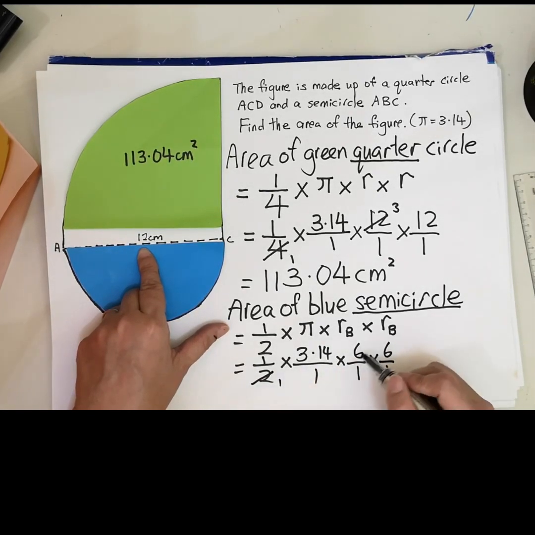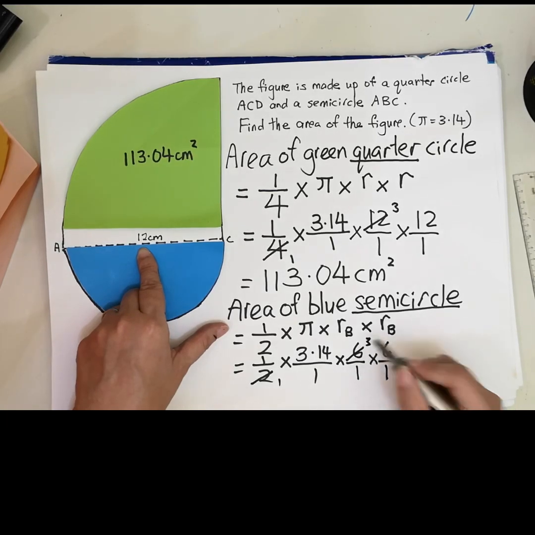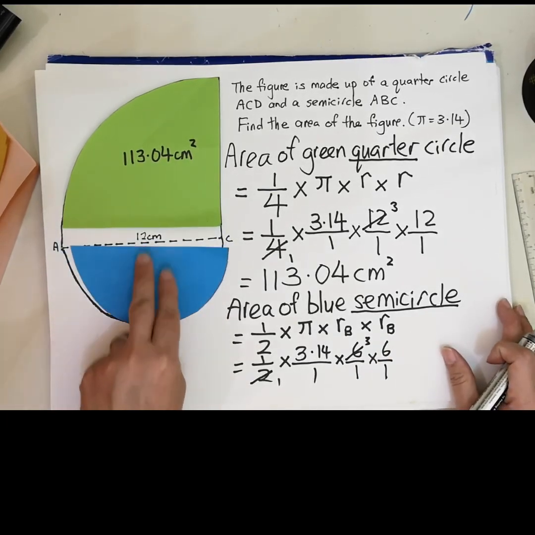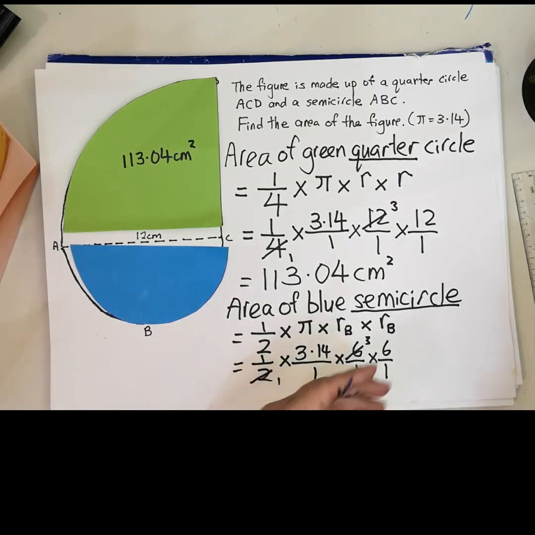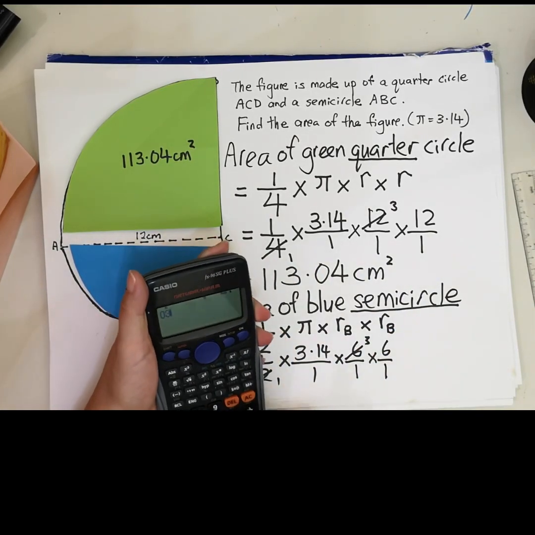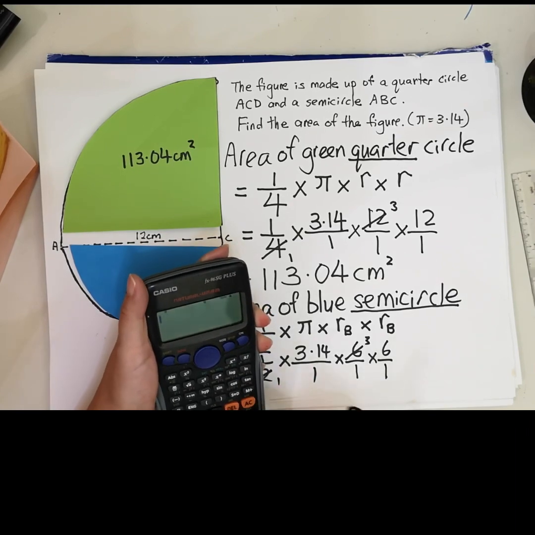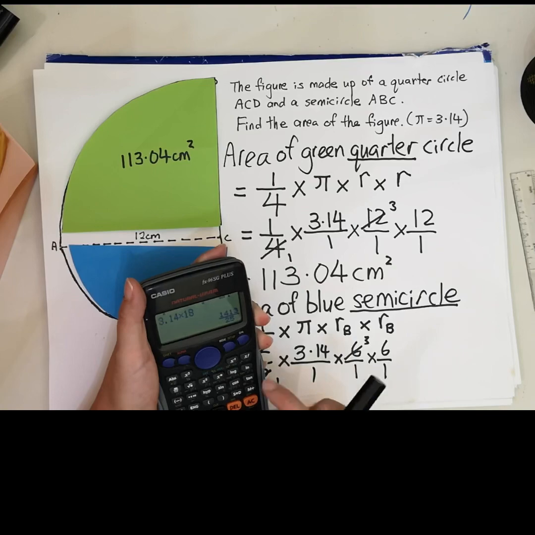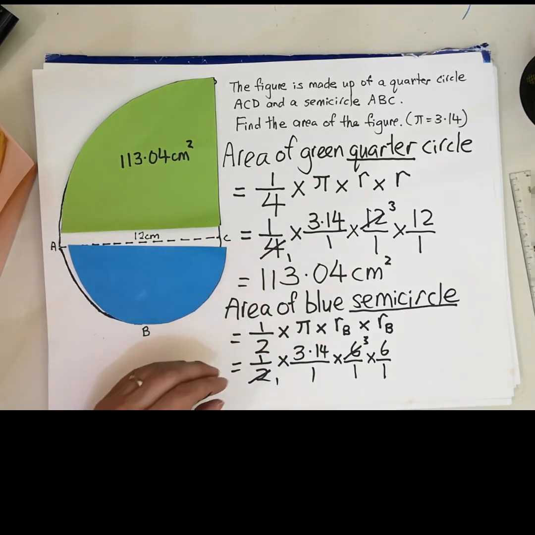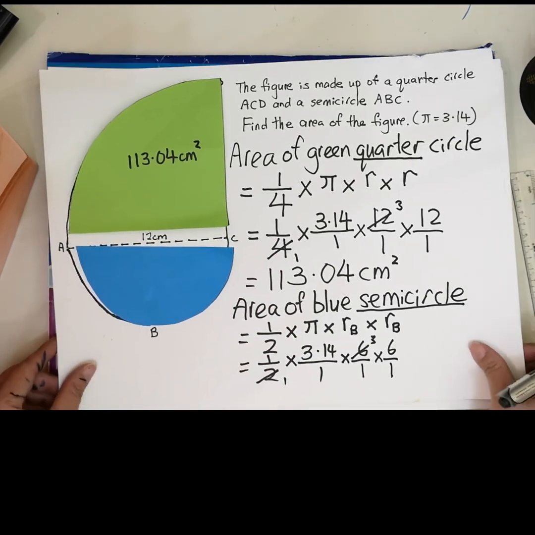Then we simplify here, so your answer will be 3.14 multiplied by 18. 3.14 multiplied by 18, and that will give us an answer of 56.52.